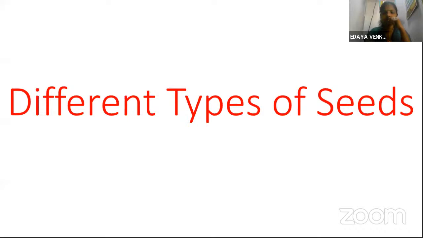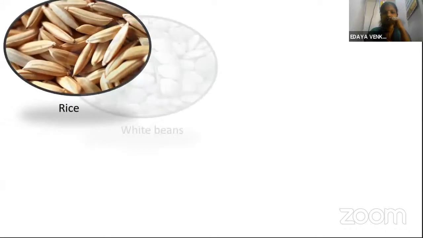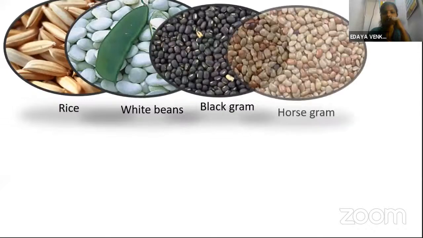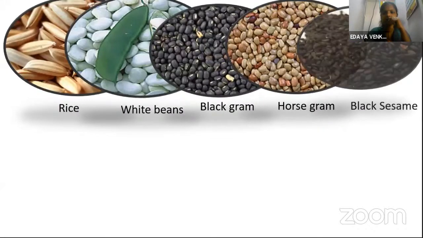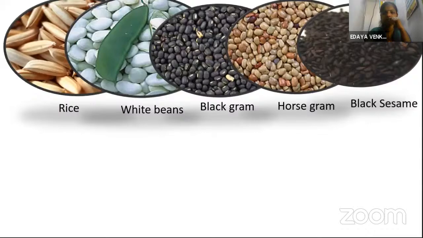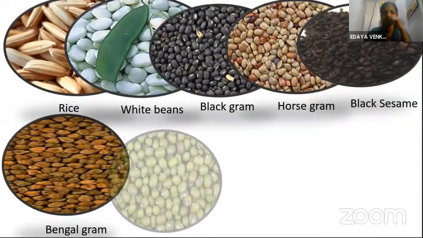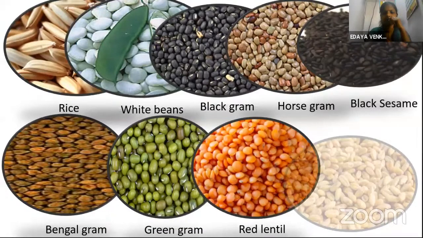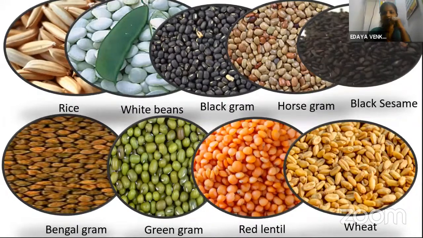Different types of seeds: rice, white beans, black gram, horse gram, black sesame, Bengal gram, green gram, red lentil, wheat. These pictures I have collected from Google. You can also collect different seeds of fruits and vegetables from Google, print them, and complete your project.